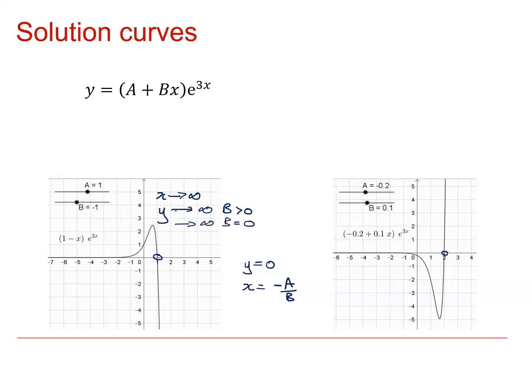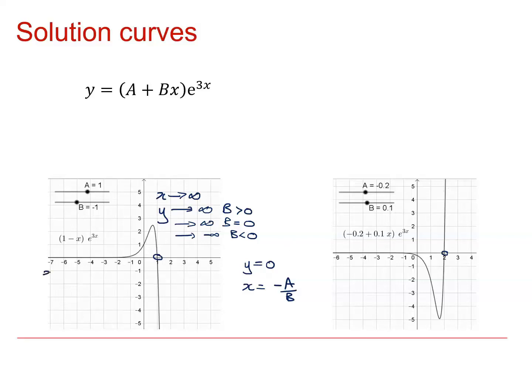In fact, it's just y is equal to a e to the 3x, so it's tending to a e to the 3x. Or it will tend to minus infinity if b is less than 0. And you can see here that's what's happening there. And here it's tending to plus infinity.